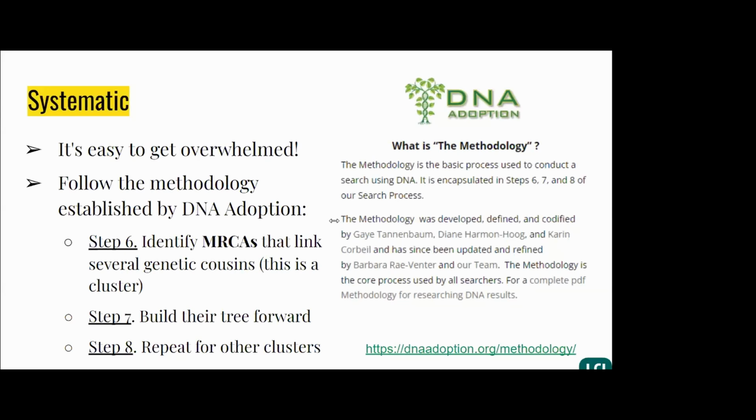Those steps are available on the DNA adoption website, which also includes support information if you are an adoptee, for example, who's looking for an unknown parent, because that's as important as going through the technical process of identifying an unknown parent, is understanding how to reach out to people and how to reach out to any new family that you may find. Incidentally, the method that DNA adoption developed was updated and refined by a genealogist named Barbara Ray Venter.